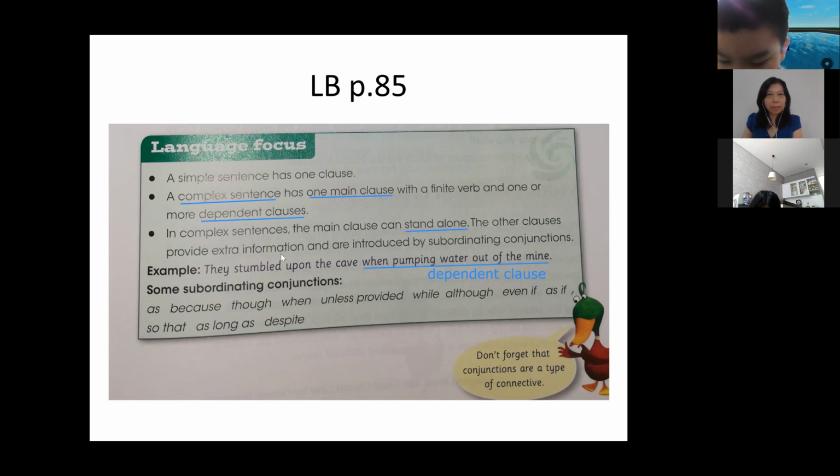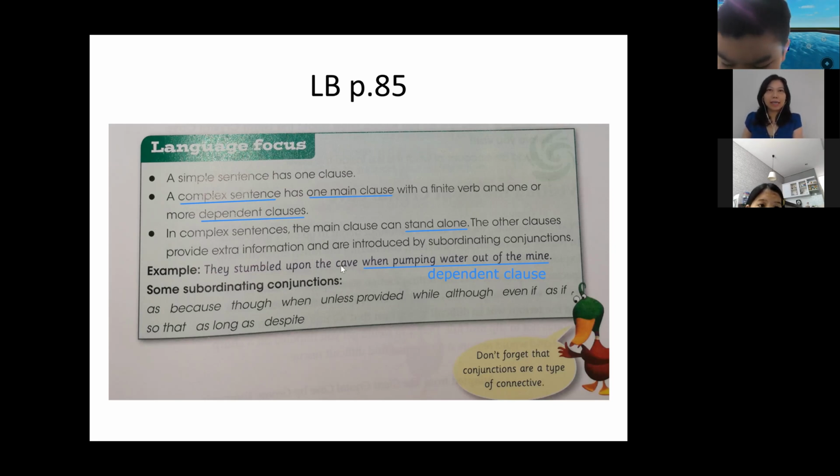All right, remember, a main clause can stand alone. So if I don't have the dependent clause, I only have the main clause: they stumbled upon the cave. We understand they stumbled upon the cave.